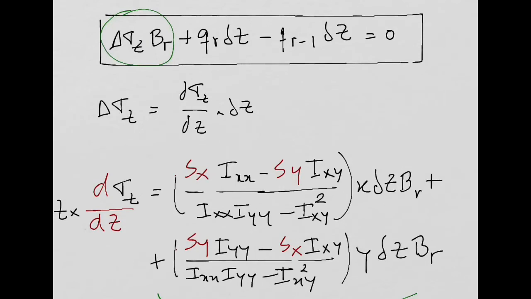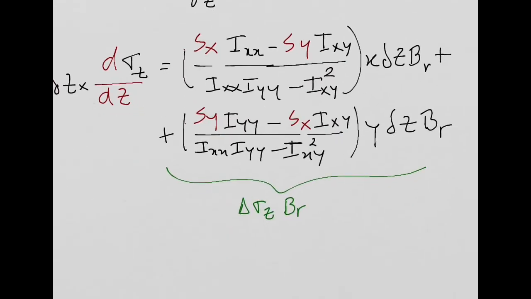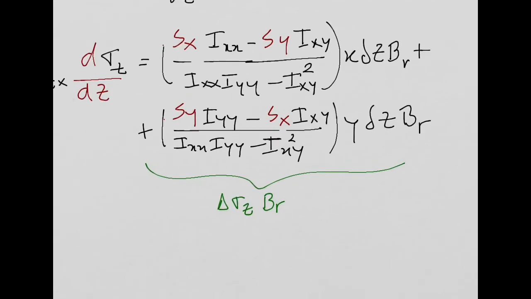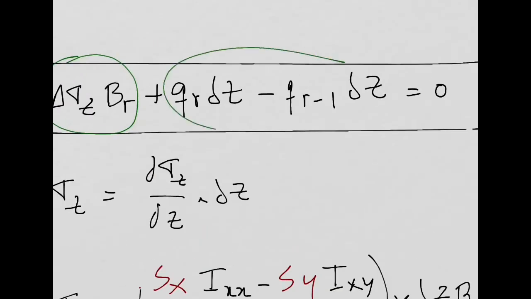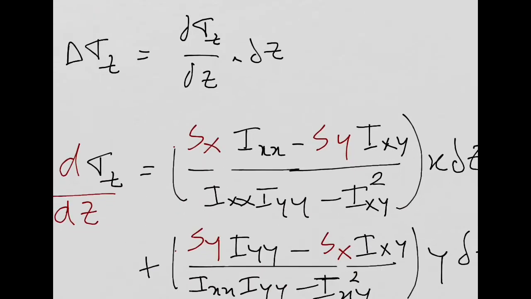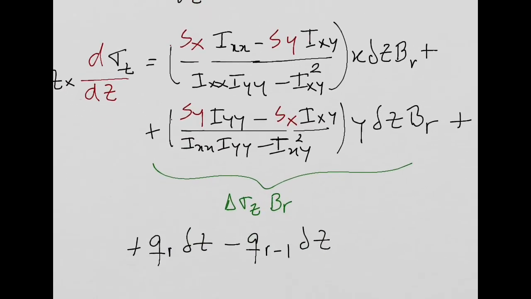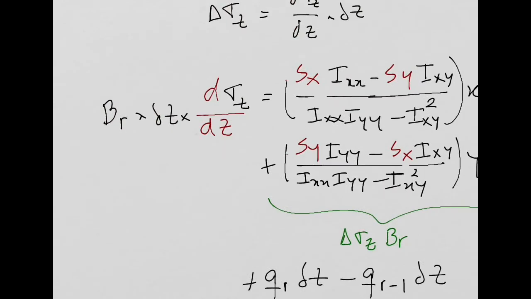If I add now this and these terms here, so if I continue this and add plus KR delta Z minus KR minus 1 delta Z, which are these two terms here, I know by doing that that all of this needs to be equal to 0, right?